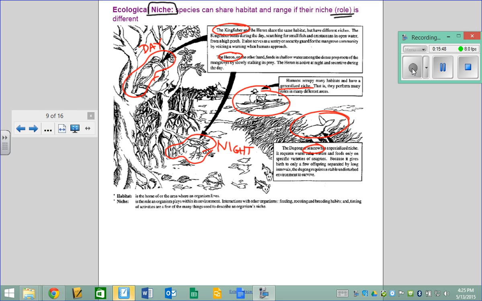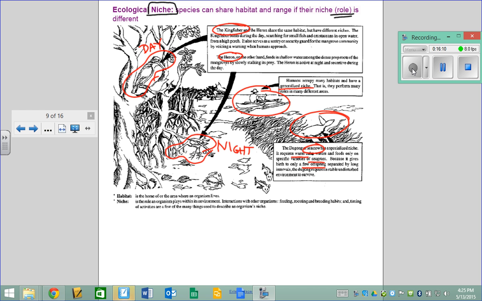It is very specialized. It requires really warm water and eats only this kind of seagrass. And it only gives birth to a few offspring. It's a pretty specific organism. And so its niche is quite tight.